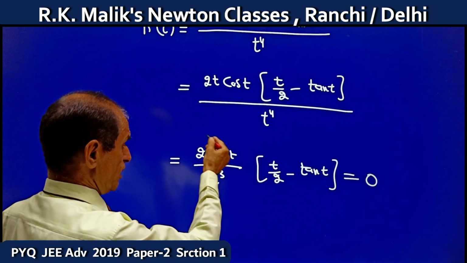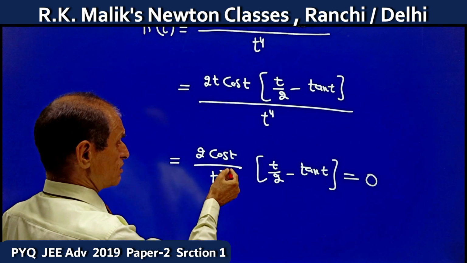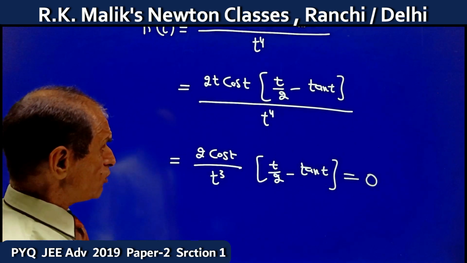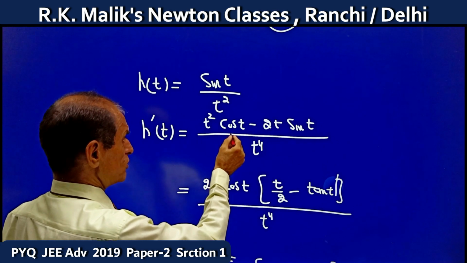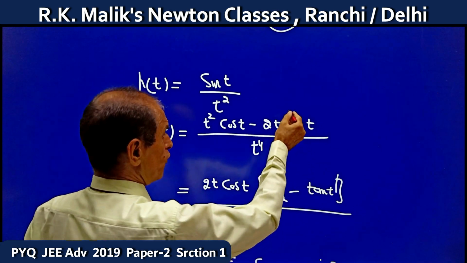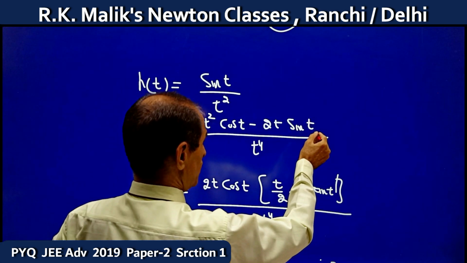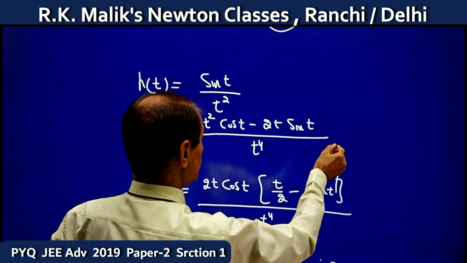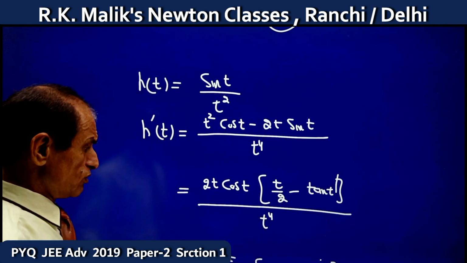And this equal to 0 means either this is 0 or this is 0. But cos t cannot be 0, because if cos t is 0, then the value of sin t will be 1 or minus 1. Hence the whole will be surely non-zero if cos t is 0.